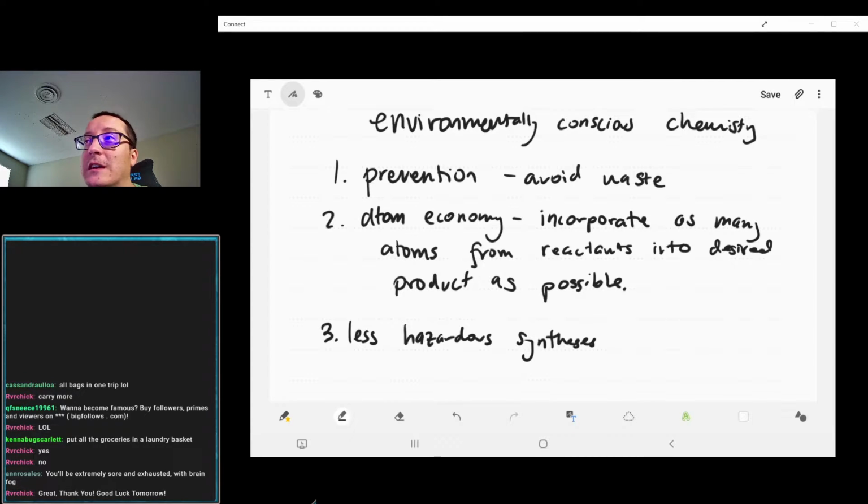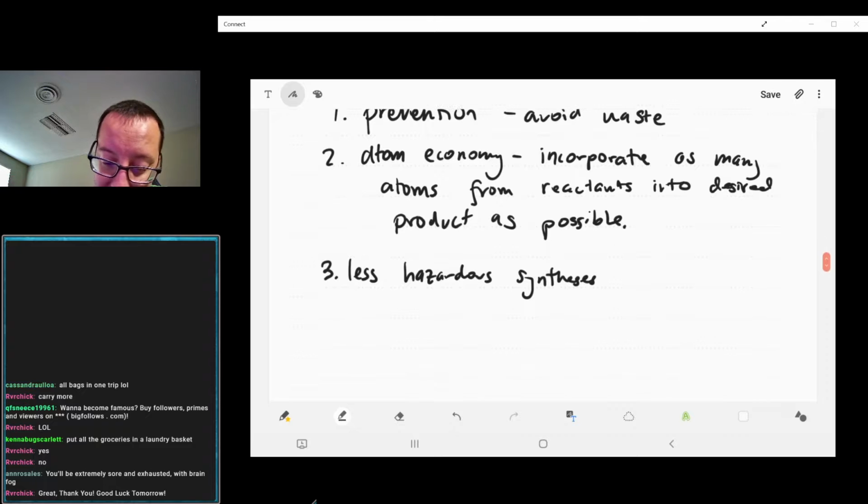If we have safer alternatives that will get the job done, particularly with oxidizing agents, there was a lot of research going into oxidizing agents that are less harmful than things like peroxides, nitric acid, or bromates. So less hazardous syntheses are nice.